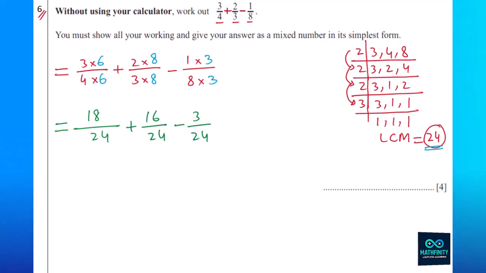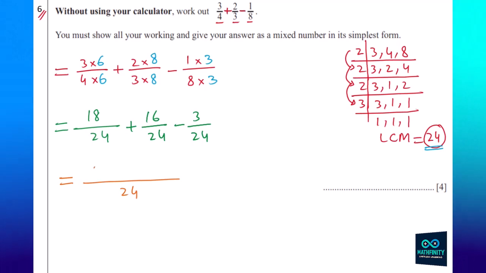After making the same denominator, we will add or subtract the numerators. 18 plus 16 minus 3. You can solve the numerator, and then look, this time they changed the statement. They said give your answer as mixed number. So first we will solve and we will get the answer.